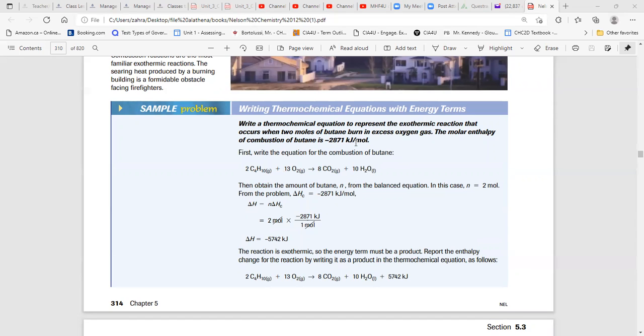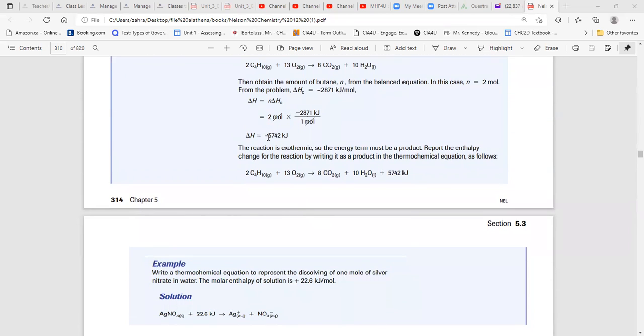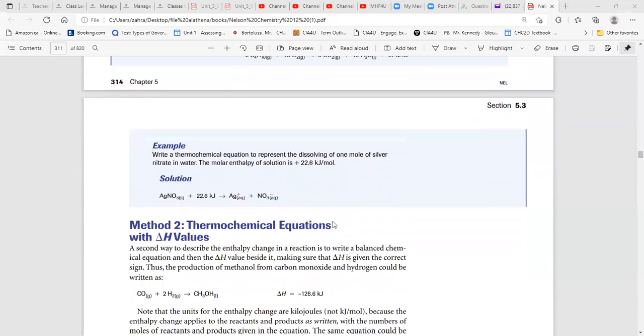Since this is a molar enthalpy, I need the enthalpy for 2 moles. Just simply multiply this one by 2 to get the enthalpy. And you can just write that on the product side because the reaction is exothermic, so its energy is released. Or just put delta H at negative 570, where negative means energy is released.